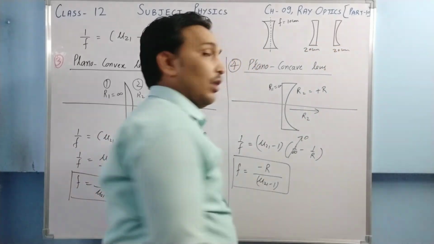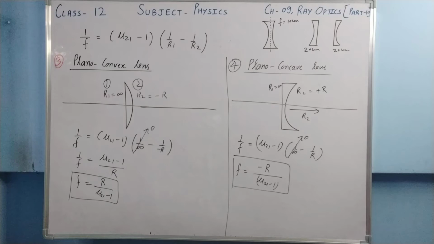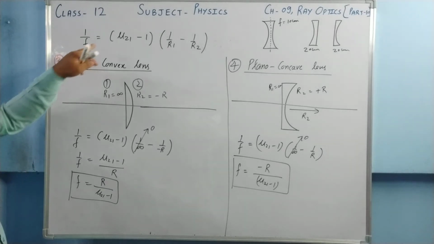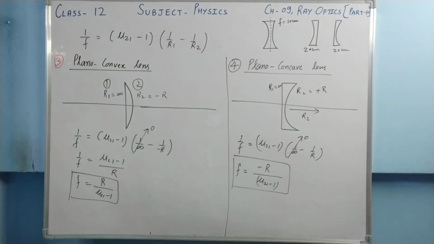Okay, they have 20 centimeter, right? So this is how we apply lens maker's formula to various lenses. Now we have to understand the variation of focal length with respect to refractive index also, and after that we'll move to numericals. So let us move ahead.